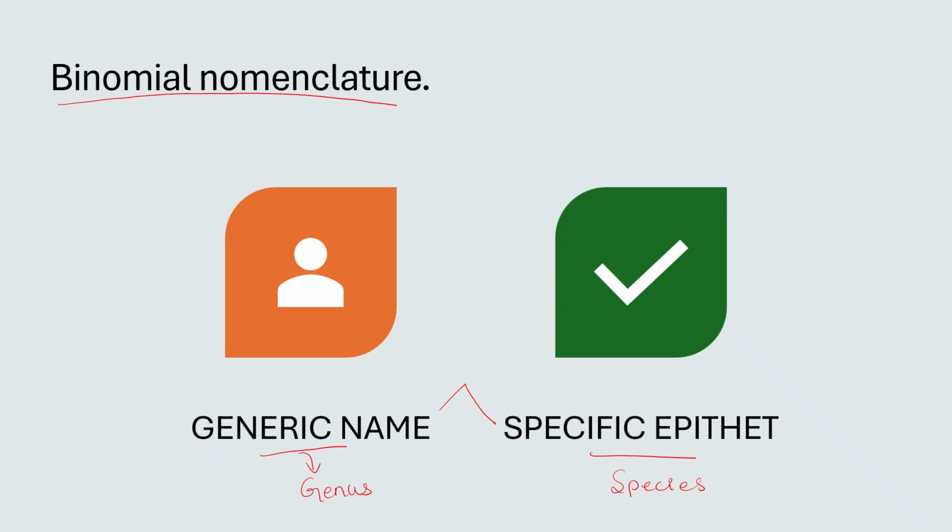For example, the scientific name of mango is Mangifera indica. So Mangifera is the genus name and indica is the species name or specific epithet.